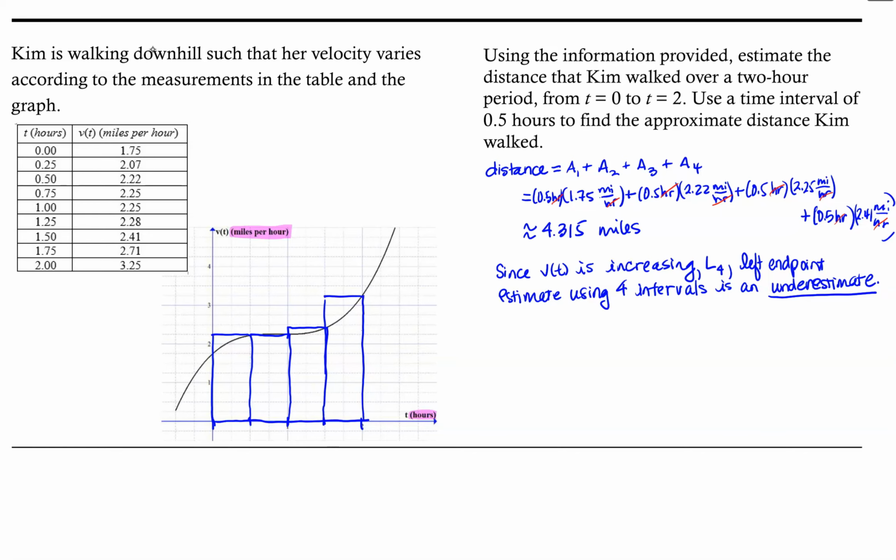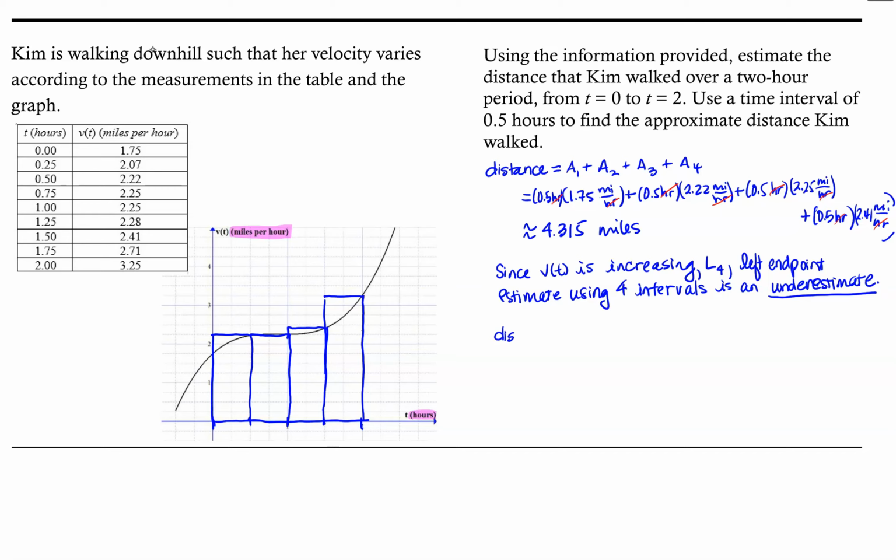Notice that in this case, when we find the area of each of those rectangles in order to estimate the distance traveled, this time we're going to have an overestimate because the area of the rectangles surpasses the area underneath the curve. So let's go ahead and approximate the distance this time using the right endpoint of each time interval.